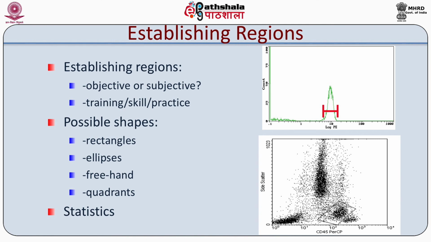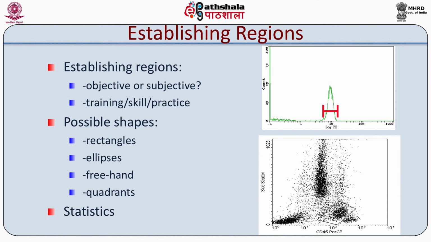The approach can be objective or subjective and depends on the expertise of an individual. In the top figure, a histogram is defined by a linear gate, and in the scatter plot in the bottom figure, a rectangular gate is defining a population, the blast population.